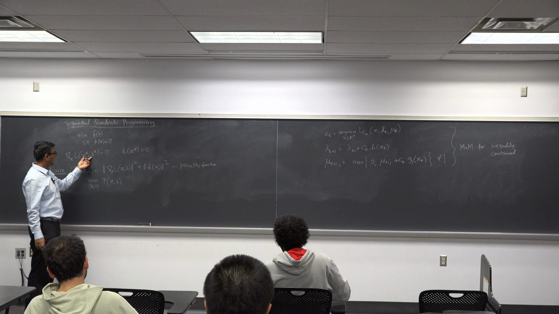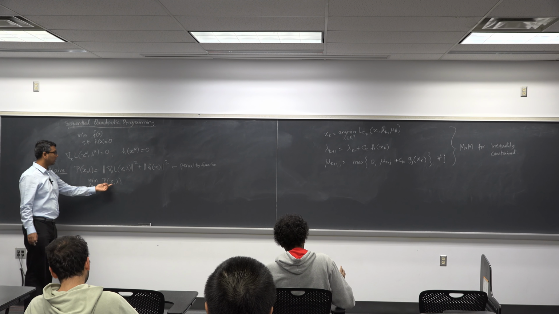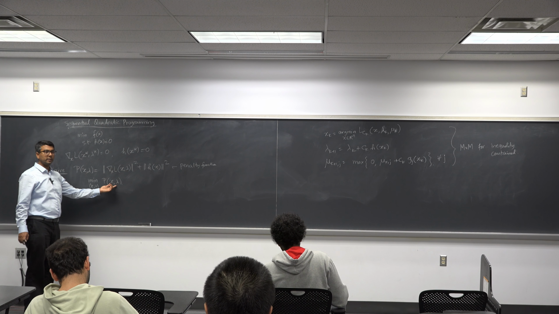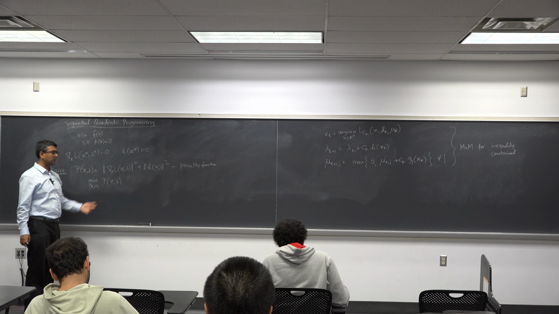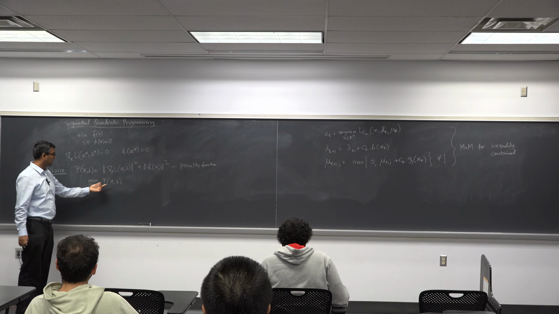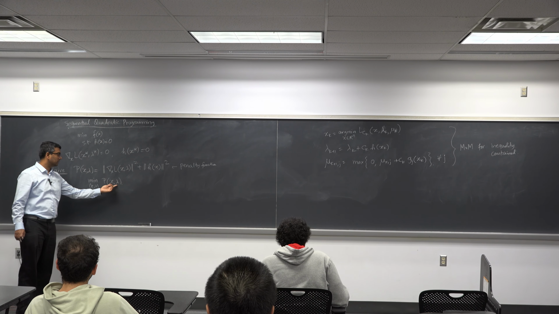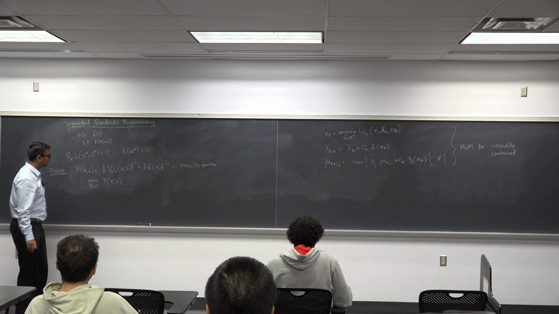So technically, this x star lambda star that we are looking for is an optimal solution to this particular penalty function. Okay, so that's good. I'm looking for an x star lambda star that satisfies this condition, and that x star lambda star seems to also be an optimal solution to this.